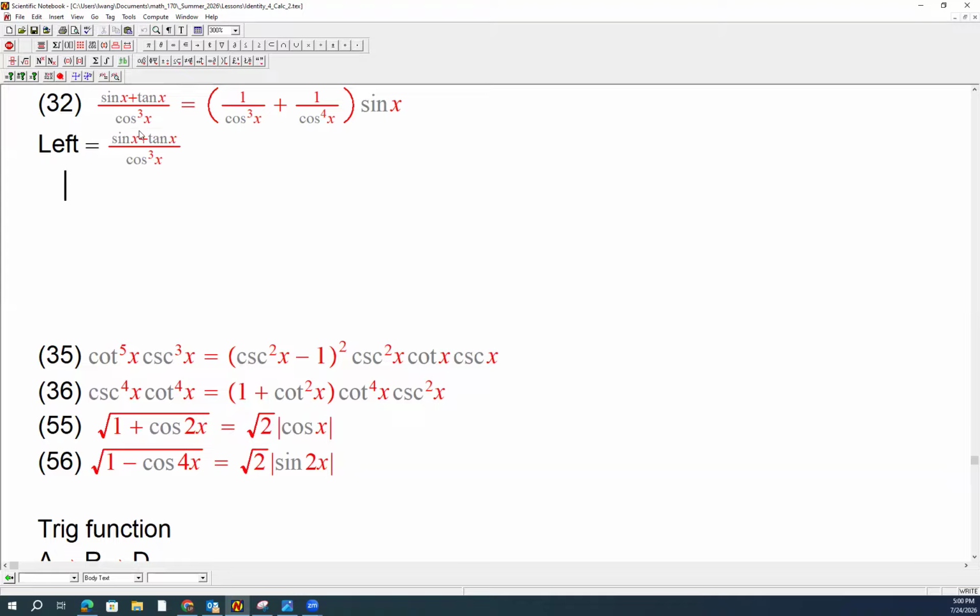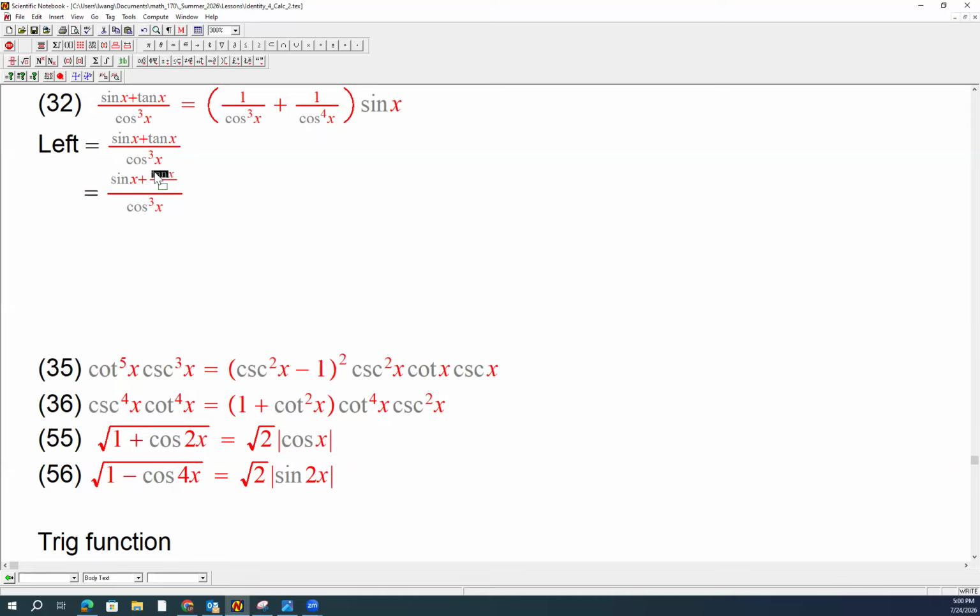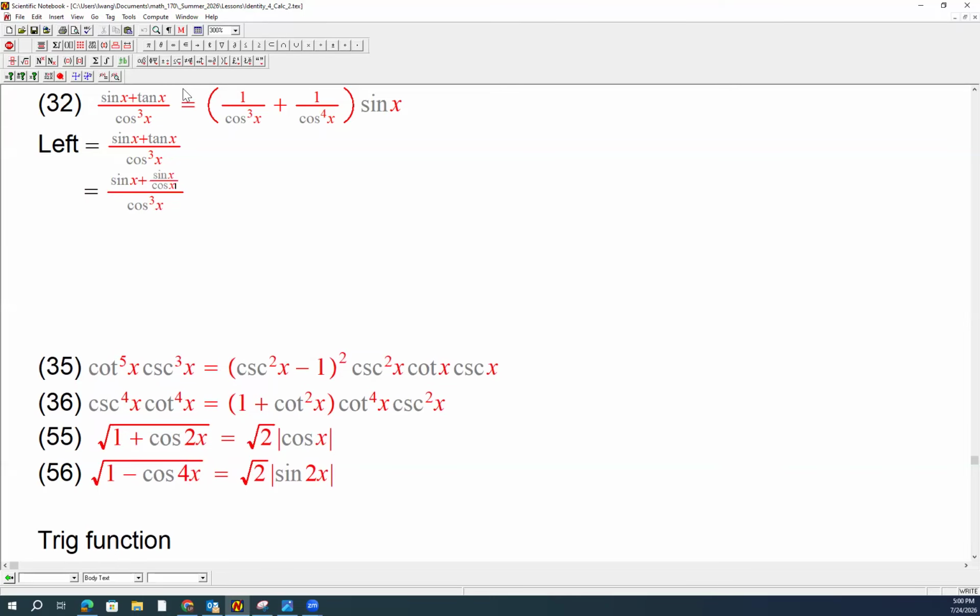We're going to write tangent as sine over cosine. Then we're going to multiply cosine on the top and cosine in the bottom.